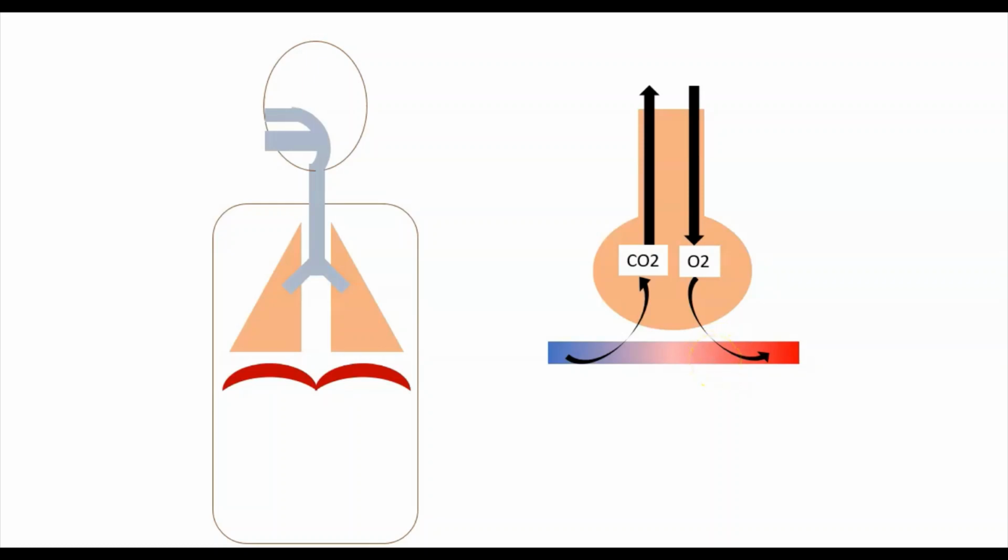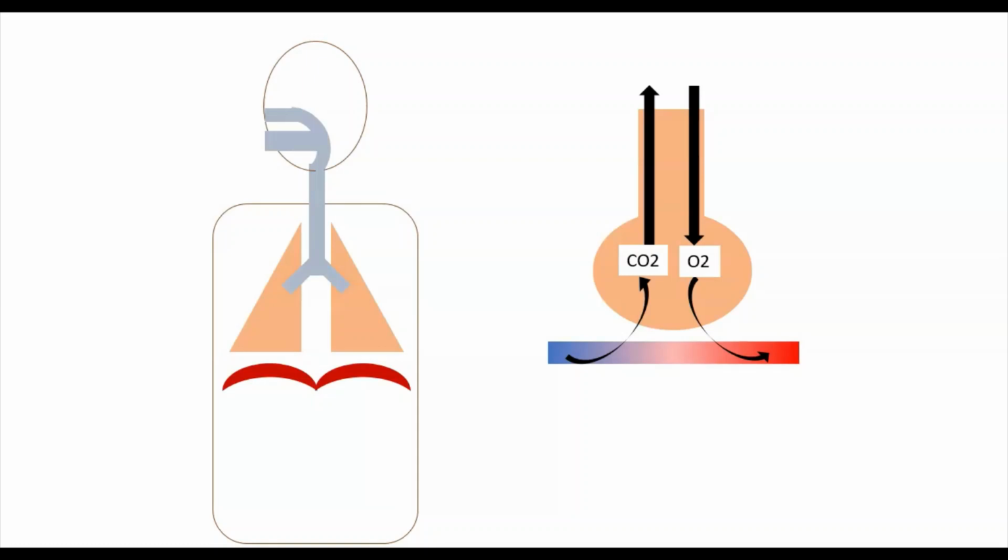So now that we understand this concept of VQ match, or ventilation and perfusion match, you may then wonder, how is it that patients with underlying lung disease such as emphysema in chronic obstructive pulmonary disease maintain VQ match when their ventilation is always compromised?